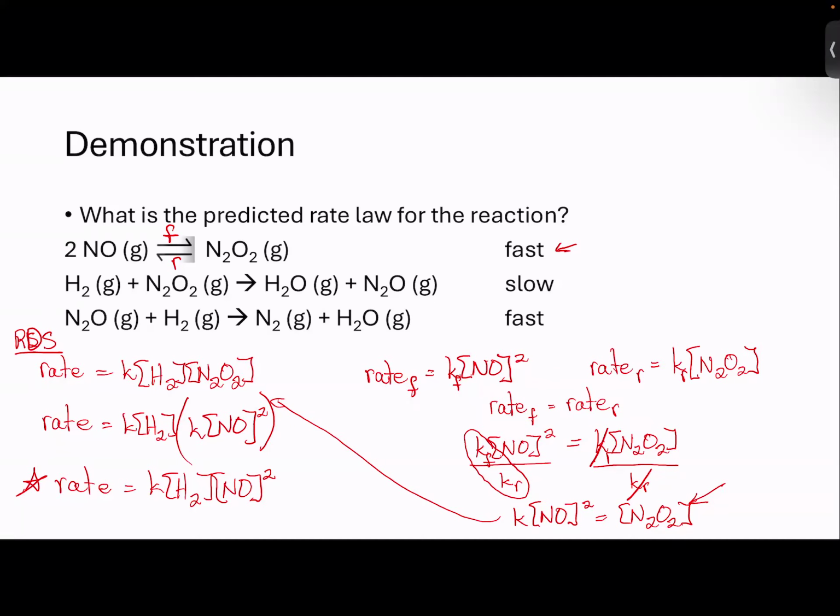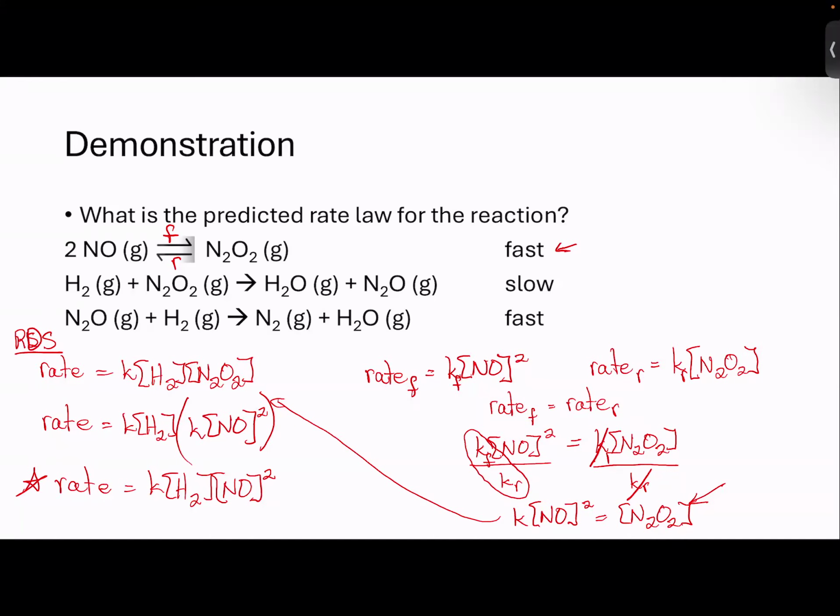What that meant is we could write a rate law for the forward progress and a rate law for the reverse. And those two rates would be identical. Since the rates are identical, that means that the Kf of NO squared is equal to the Kr of N2O2.